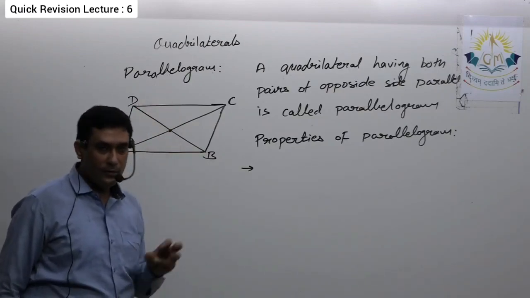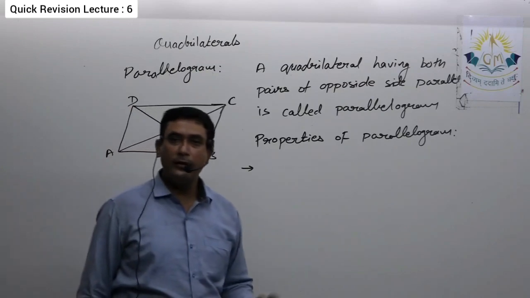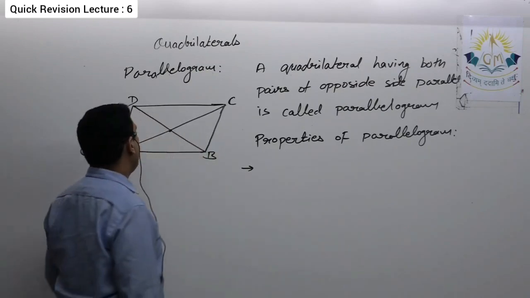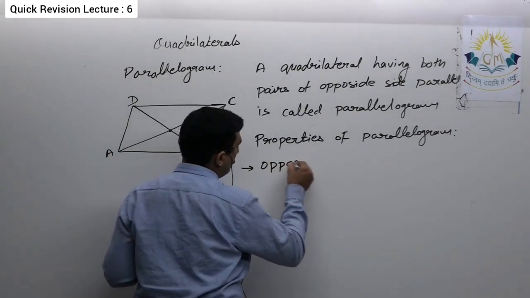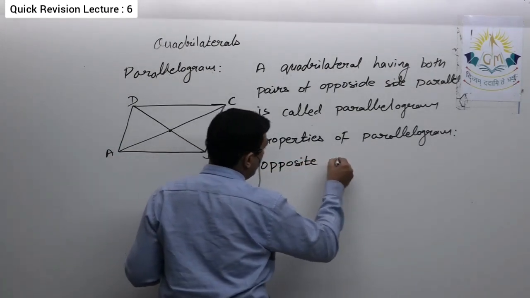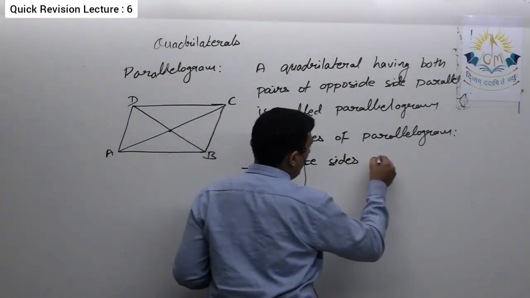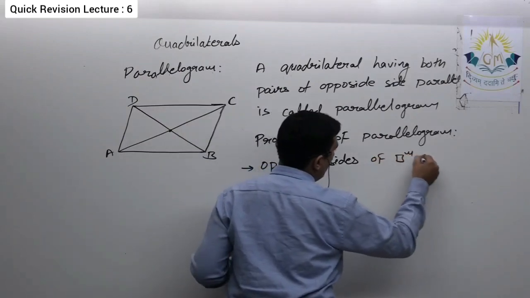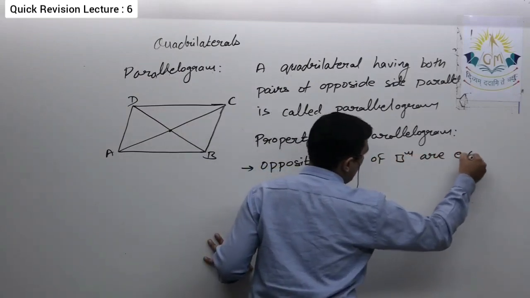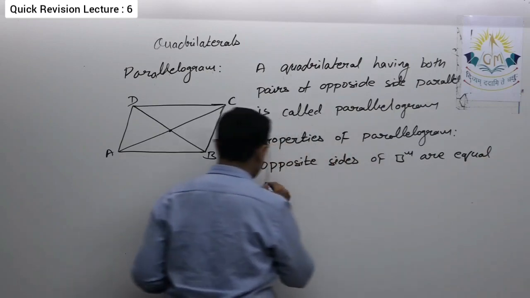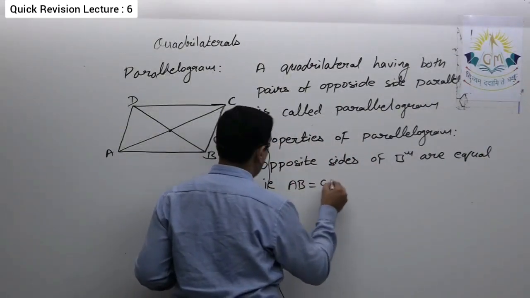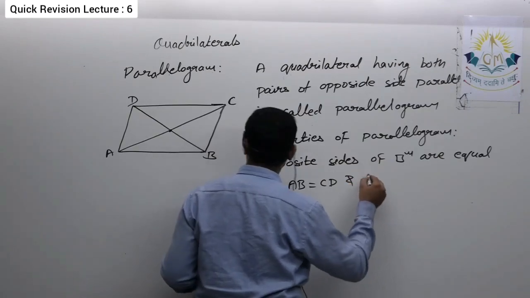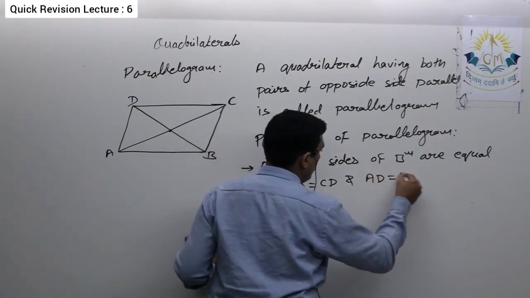So we'll start with sides, then angles, and then the diagonals. Opposite sides of a parallelogram are equal. That is, AB is equal to CD and AD is equal to BC.